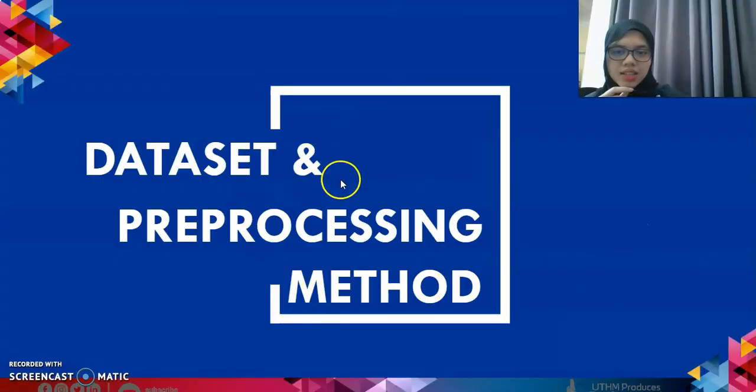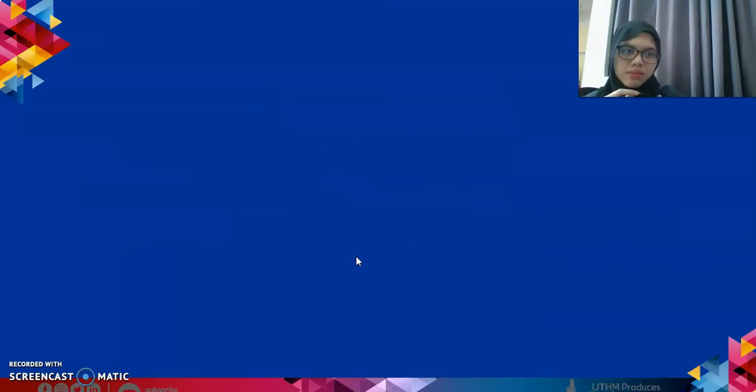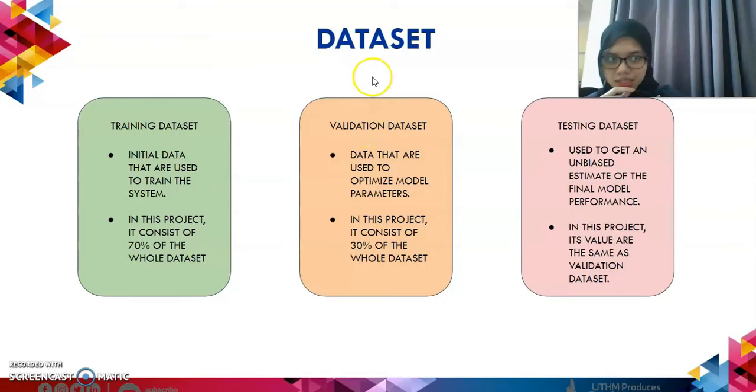Next, dataset and pre-processing method. Essentially, there will be three types of datasets used in this project. Firstly, the training dataset, which is the initial data used to train the system. For this project, we'll be using 70% of the entire data that we have.